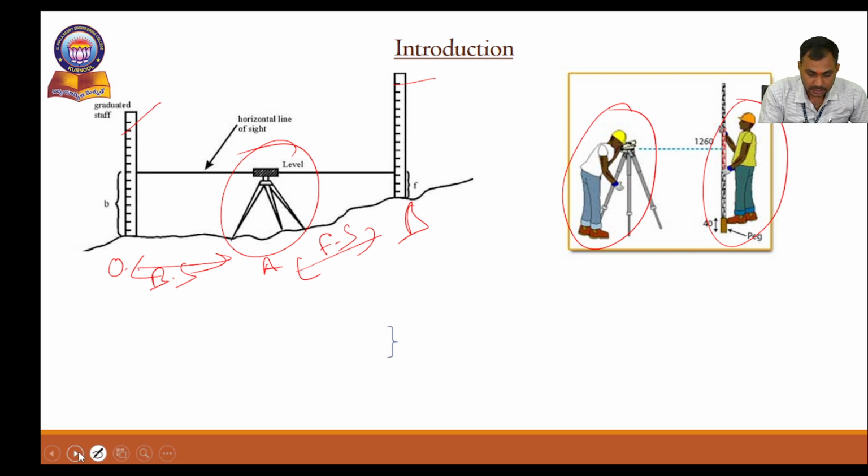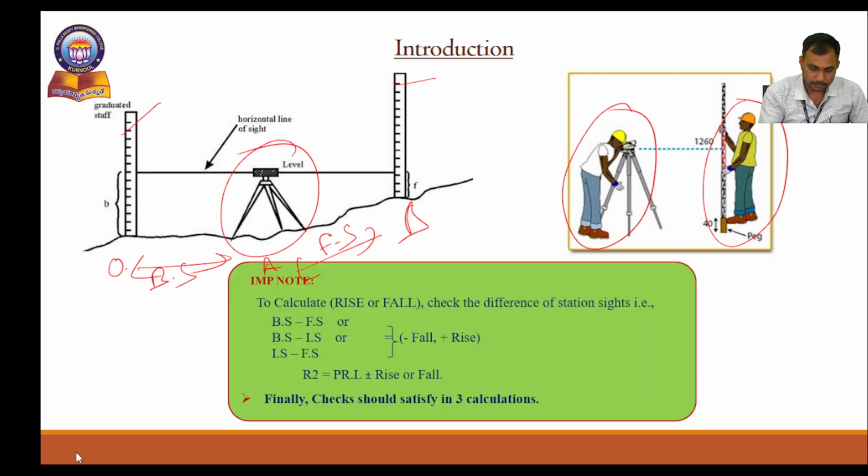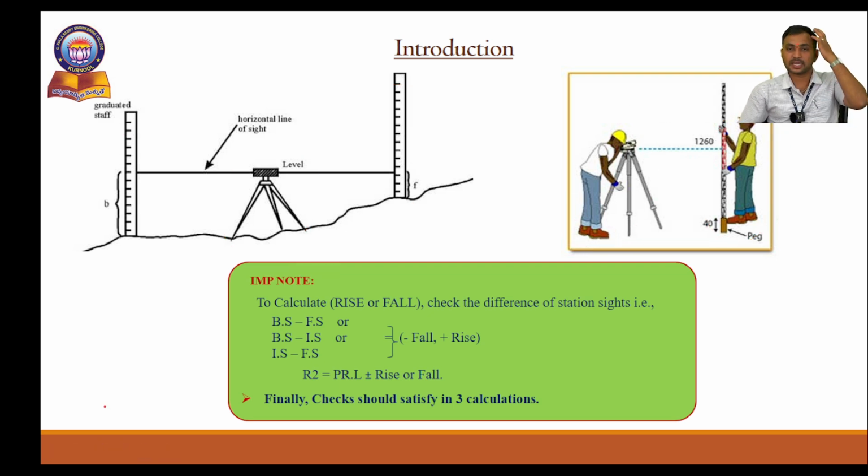Okay, there are some basic formulas to calculate backsight and foresight. In our problem, when we determine the level survey, we will get values that go up and down, not equal or flat values.